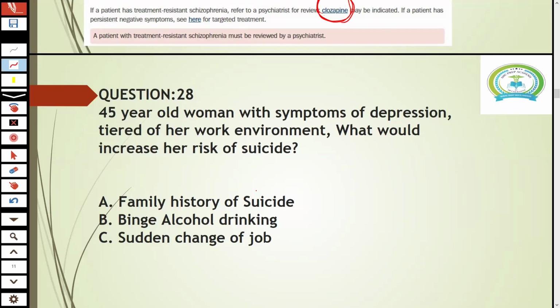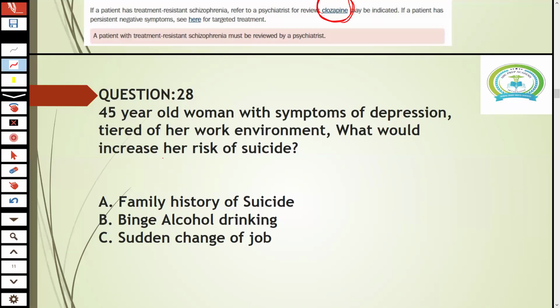Okay. So for this question, we have to go through the SAD PERSONS criteria that is also present in the JM, the suicide assessment scale. That is very important. You need to go through that in a very good manner, because a lot of questions come with this. They just twist the scenario with different variants.